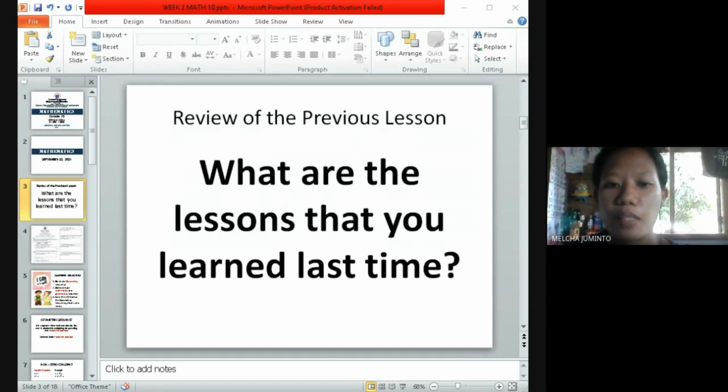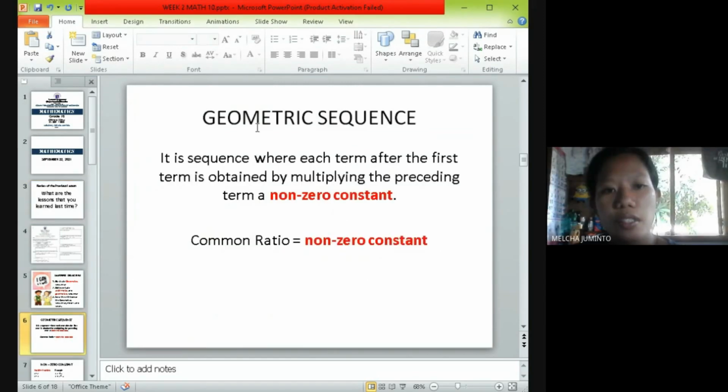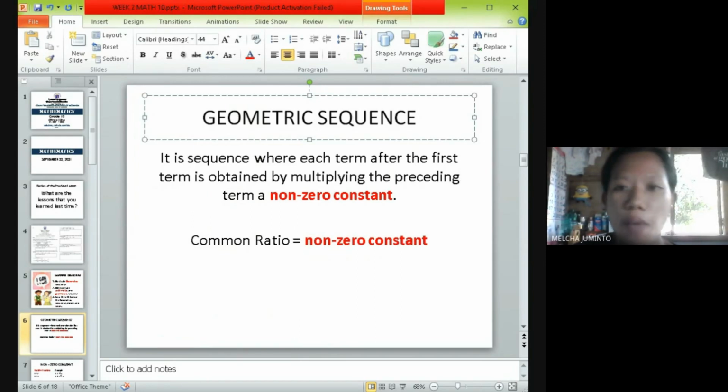Some concepts. First term, we have the term geometric sequence. So when you say geometric sequence, it is a sequence where each term after the first term is obtained by multiplying the preceding term by a non-constant, a non-zero constant.